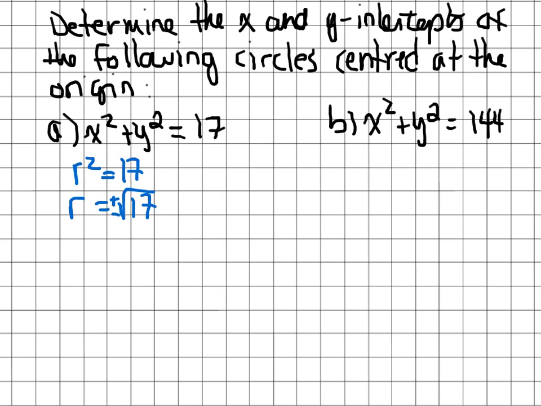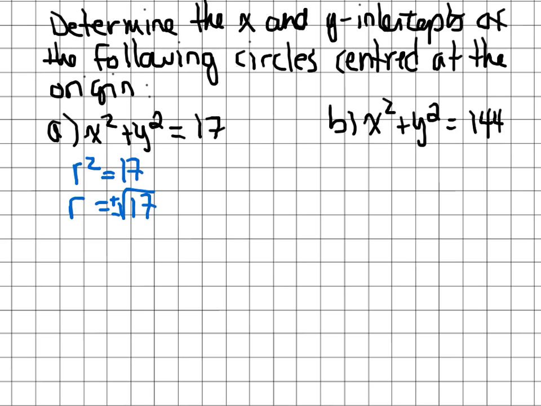And if we move right the square root of 17 along the x-axis from the origin, that will give us the positive x-intercept of the circle. And then the same holds for the y-axis: positive, moving up the square root of 17 units, and negative, moving down the root of 17 units to get to the other y-intercept.